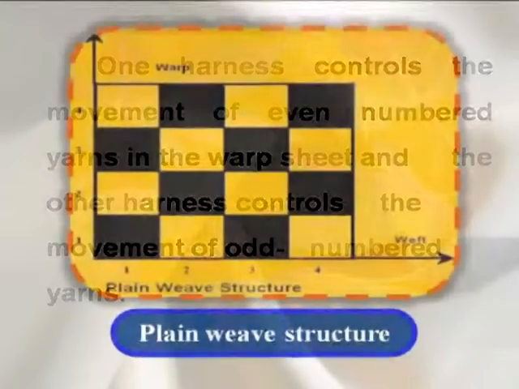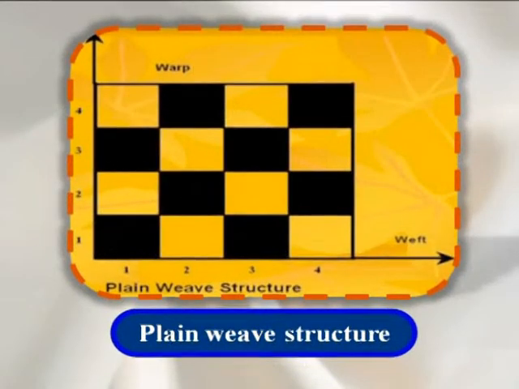For representing plain weave, warp number 1 goes above pick number 1, so it is marked with a cross; below pick number 2, so it is left blank; above pick number 3, marked with a cross; and below pick number 4, left blank, and so on.